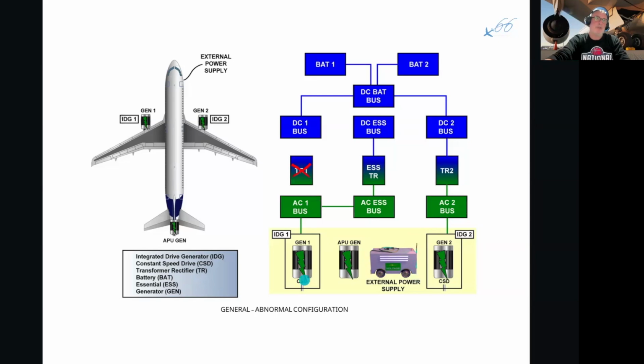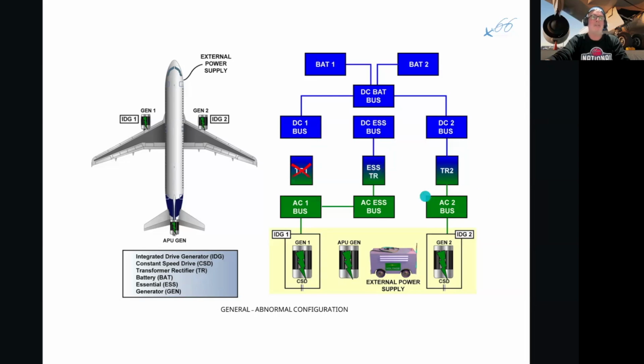So, for example, if AC bus 1 was supposed to feed TR1 for DC1 to be available, but AC bus 1 can't go to TR1 because it's faulty, it will then, via the AC essential, feed an essential transformer rectifier unit, which will then supply directly to the DC essential bus.